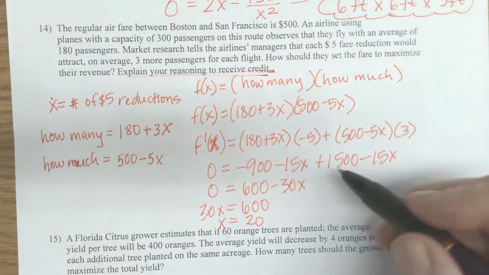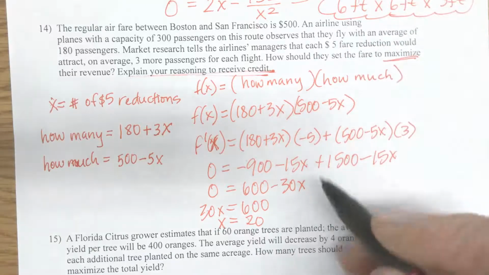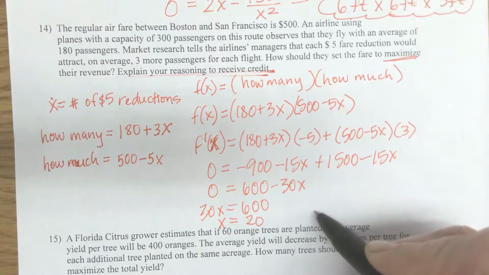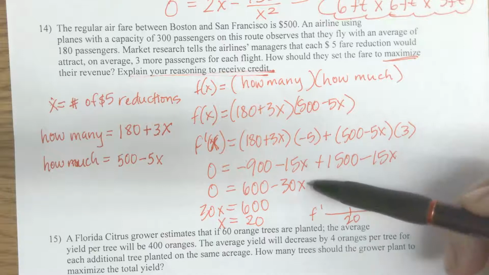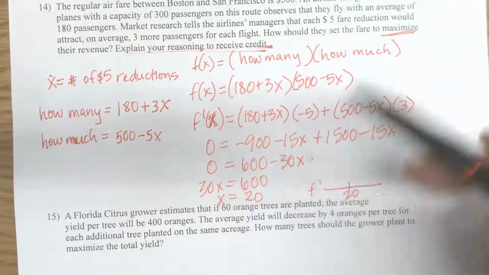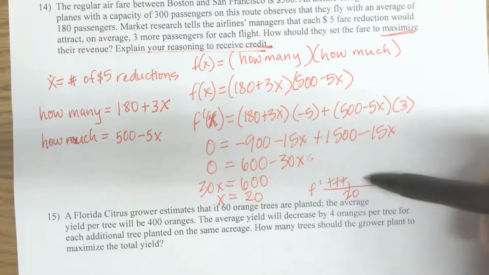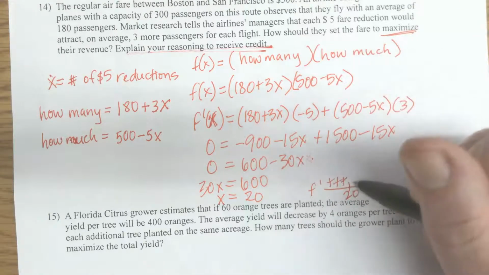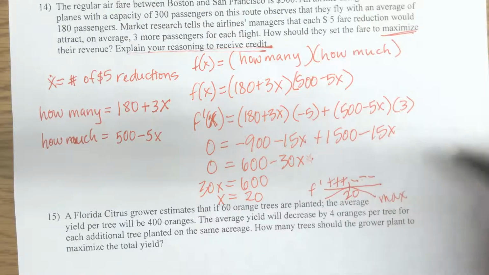I want to maximize, so I want to make sure that that is indeed a max. I'll check it in my most simplified form, the 600 minus 30x. If I plug in 0, I get positive. If I plug in 30, I get negative. So increasing to decreasing is definitely a max.